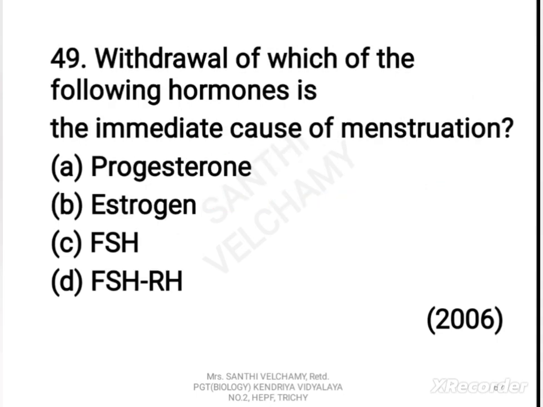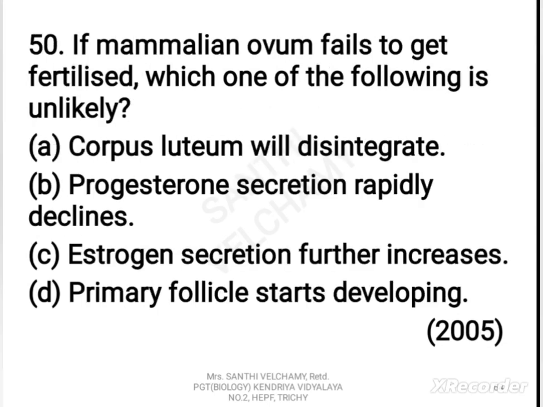Now next question. Withdrawal of which of the following hormones is the immediate cause of menstruation? A. Progesterone. B. Estrogen. C. FSH. D. FSH and LH. The correct answer is progesterone. A is the correct answer. Next question.